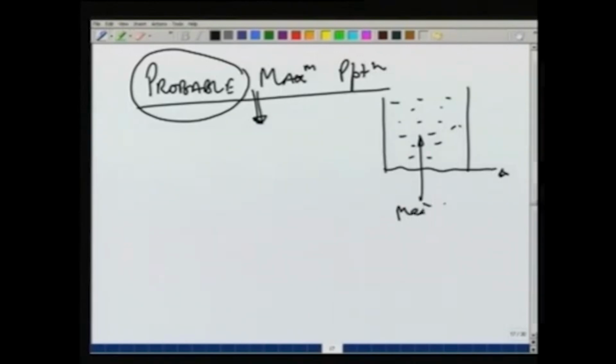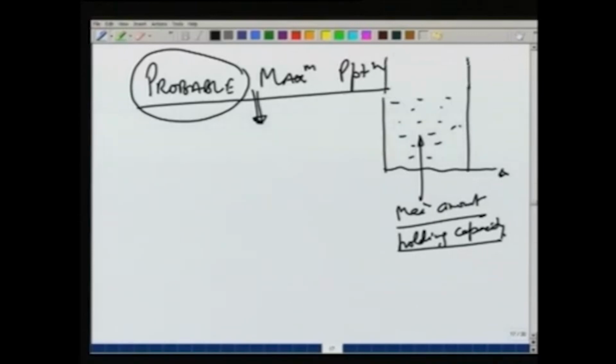The maximum amount, or the holding capacity, is limited. So, there are methods using which we can estimate what is the amount of water vapor present in this air column, and based on that we can estimate the probable maximum precipitation.